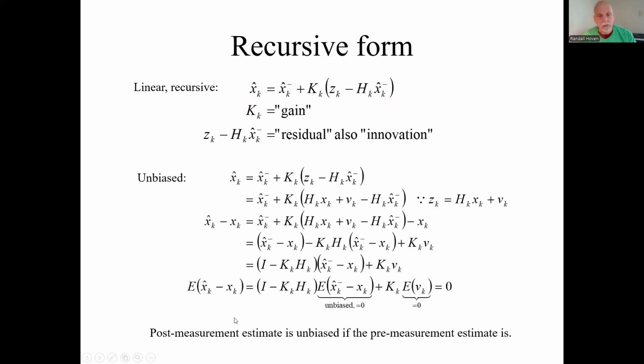And this whole page shows that the mean error is 0, or we're unbiased, if this estimate prior to processing the measurement at time k was also unbiased. So now let's look into that.